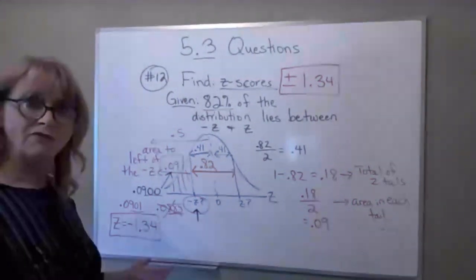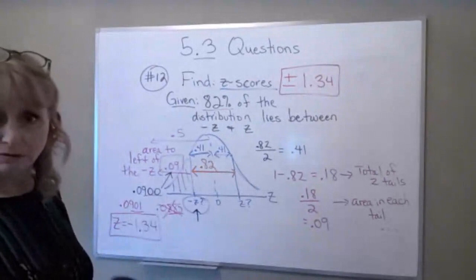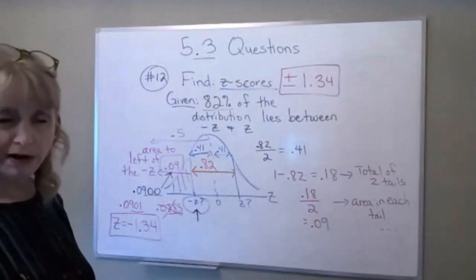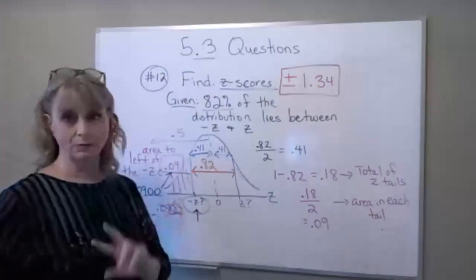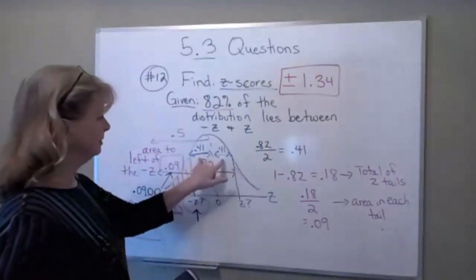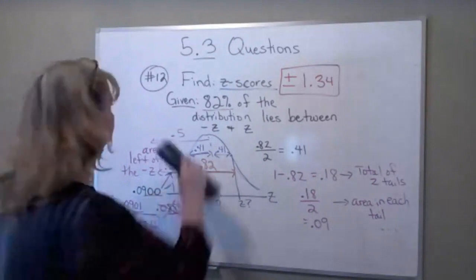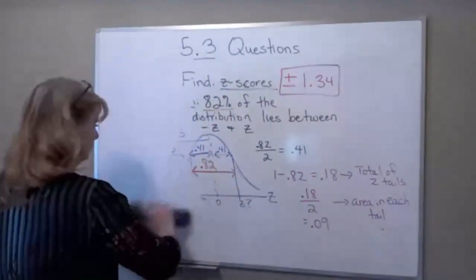If you haven't quite finished number 12, then come back to this when you look over the recording so that you can see the work again. But number 10 and number 12 are almost the same problem, except they didn't separate the area for us on this one. So next one we're going to look at is number 14.